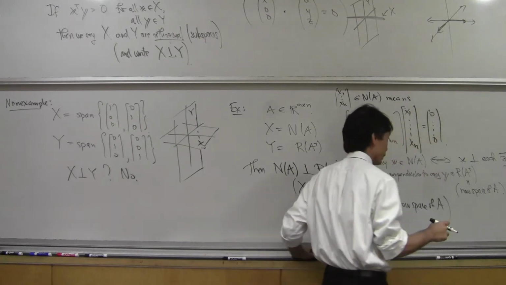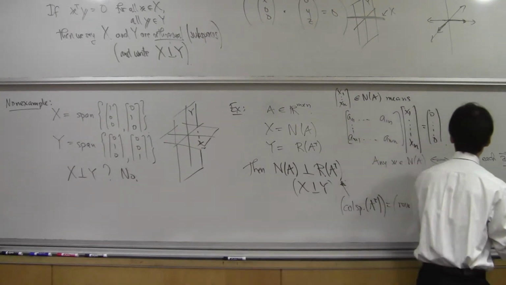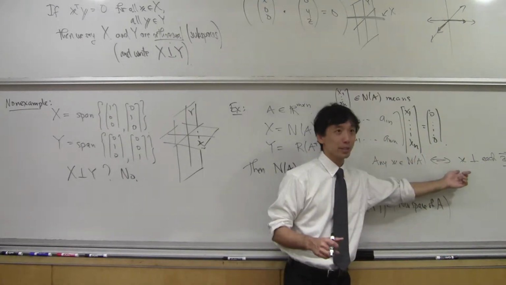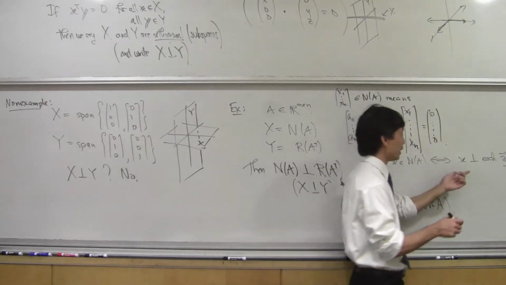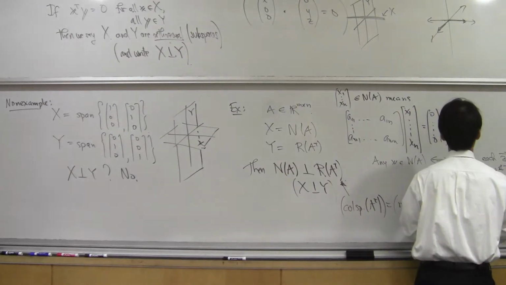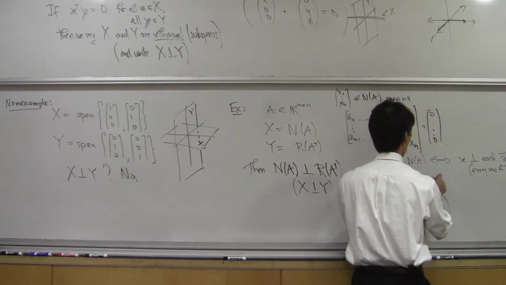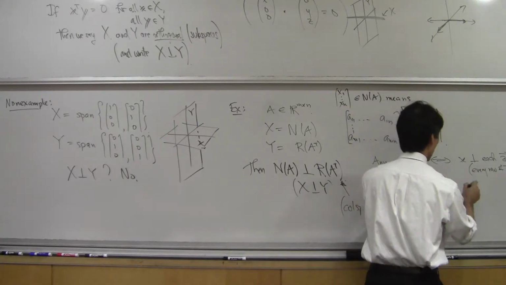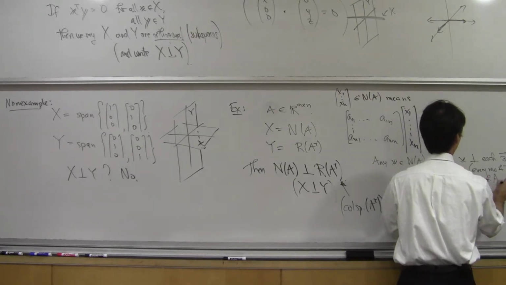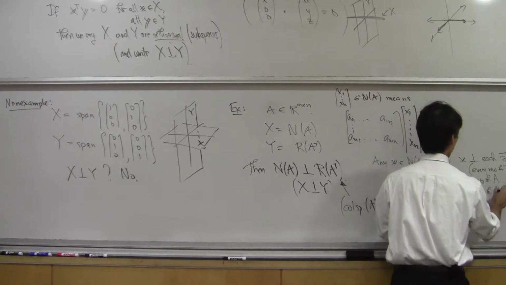This is kind of coherent, right? Let me write it again. Anybody in the null space of A is perpendicular to each row of your matrix, every row of A. But that is the same thing as saying that you are perpendicular to the entire row space of A, which is the same thing as the column space of A transpose.